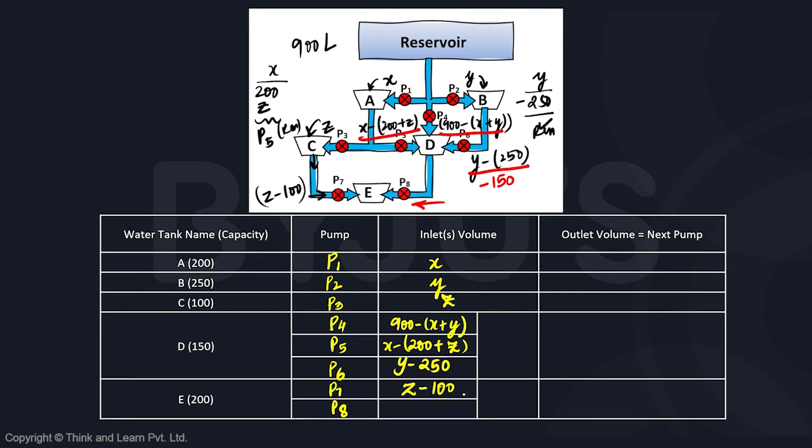And at P8, let's add all these values. Plus X and minus X will cancel out, and plus Y and minus Y will cancel out. 900 minus 200 minus 250: 900 minus 450 is 450. 450 minus 150 is 300. 300 minus Z. So we will have 300 minus Z passing through P8.